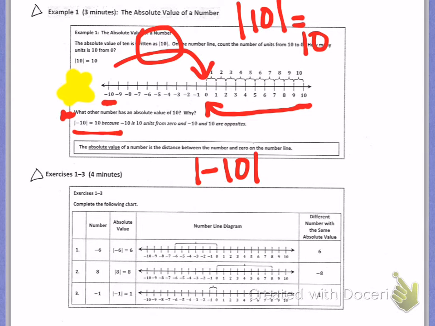So it explains right here that the absolute value of negative 10 will be 10, because there are 10 units from 0, and because negative 10 and 10 are opposites. When they're opposites, they will have the same answer for absolute value. Again, absolute value is one of your key vocabulary words that you have to know, which means the distance between the number and 0.